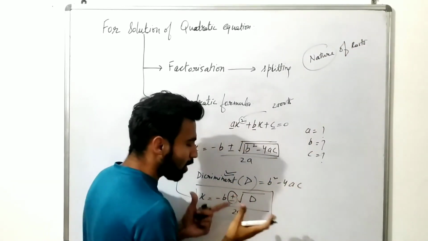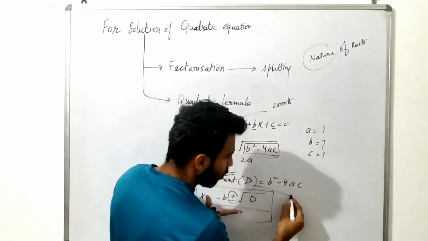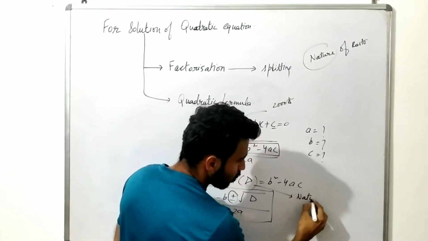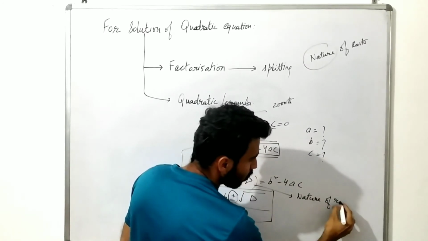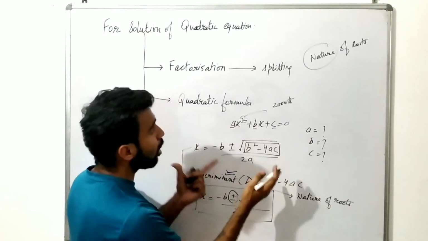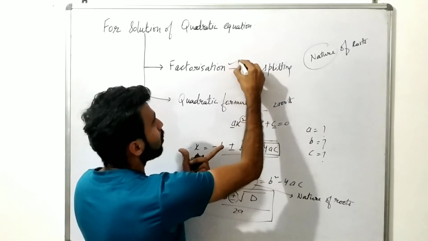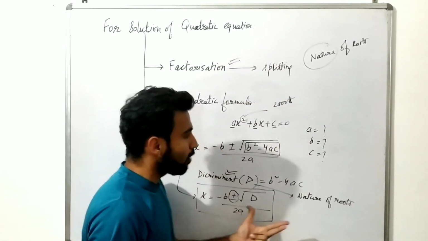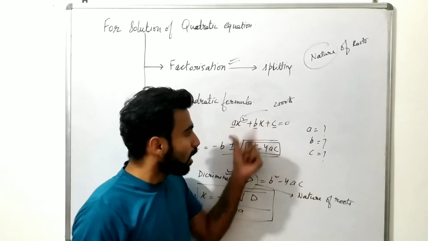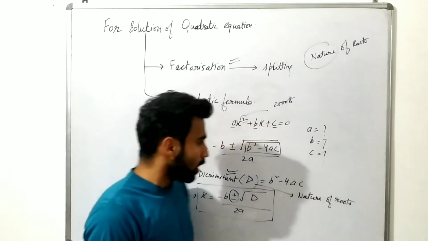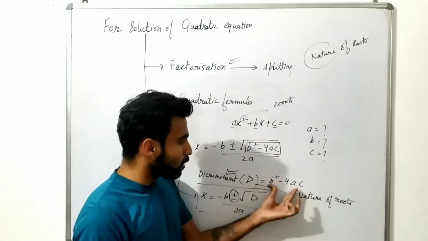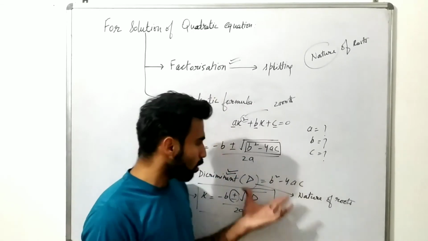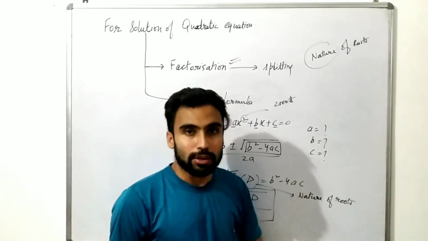Let me briefly tell you that this discriminant will tell you the nature of roots. Without actually solving and finding the roots with factorization, if you are given an equation and you have to tell the nature of the roots, then you will have to find the discriminant by b square minus 4ac. This will come into play when I tell you the later questions.